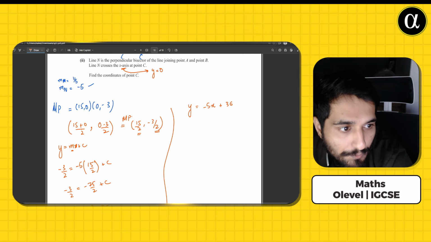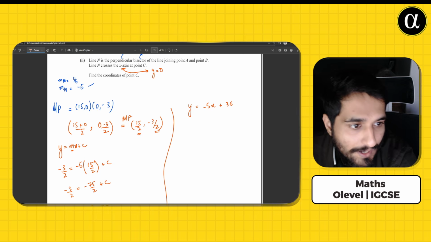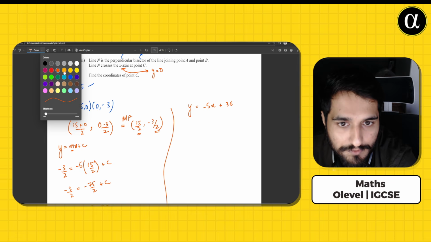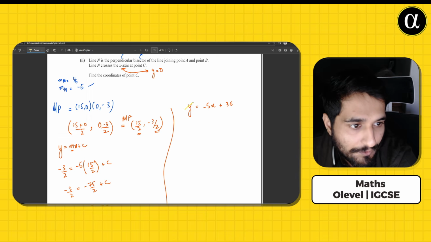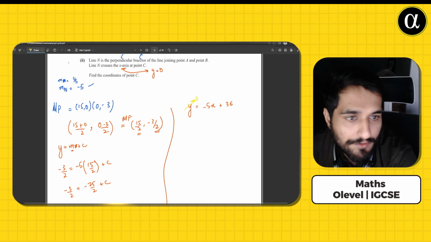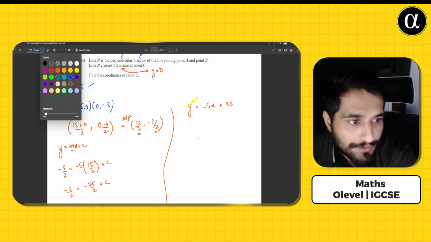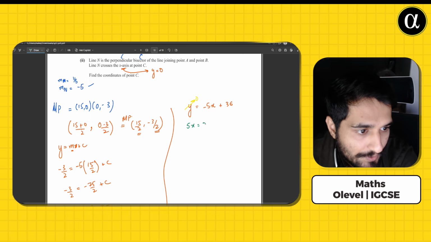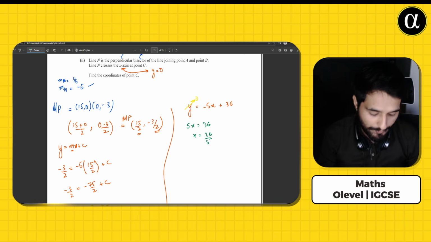So we are going to plug in the value y as 0 for this case, because we are supposed to find the x-intercept. And to find the x-intercept, this would mean 5x is equal to 36, and x would be equal to 36 over 5, and the value would be what?